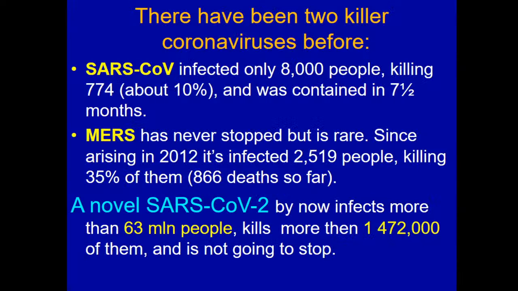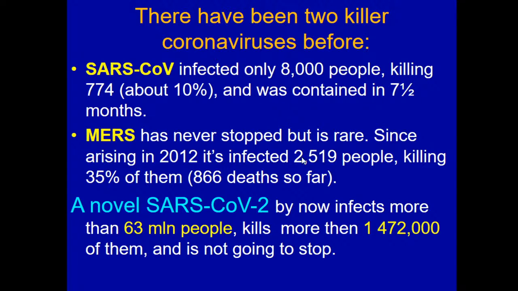So there were two killers before. SARS coronavirus infected 8,000 people, killing about 10% of the infected. But this one disappeared from the human population in 2003 and has never been seen since that time. So it was contained within seven and a half months.